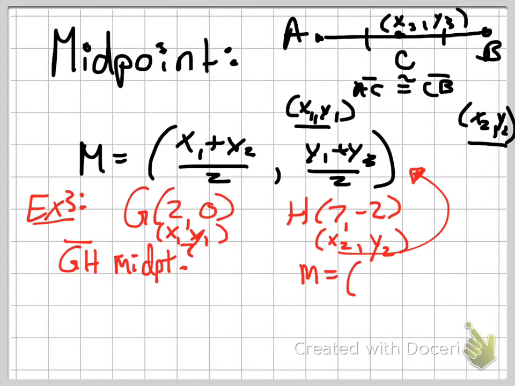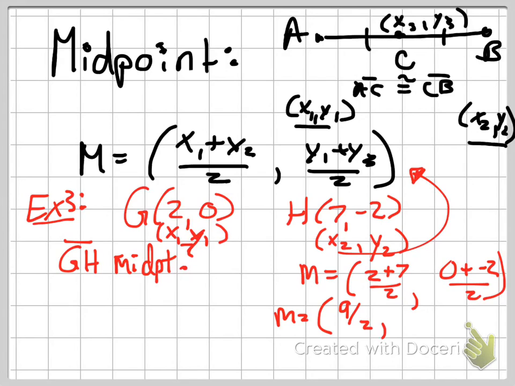So the midpoint equals 2 plus 7 over 2, comma, 0 plus negative 2 over 2. So the midpoint equals 2 plus 7 is 9 over 2, comma, 0 plus negative 2, negative 2 over 2.